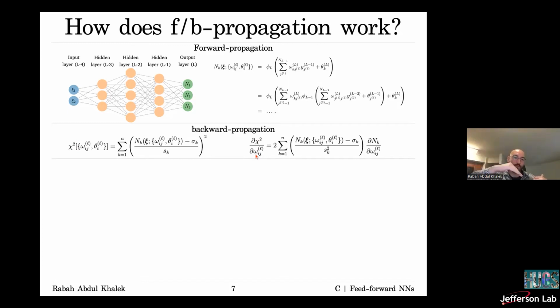So you want the derivative, you want to subtract the derivative. And this derivative would be related to the derivative of the neural network with respect to the weights. So usually in any minimization problem, you need the neural network's derivative with respect to its weights, these arrows.